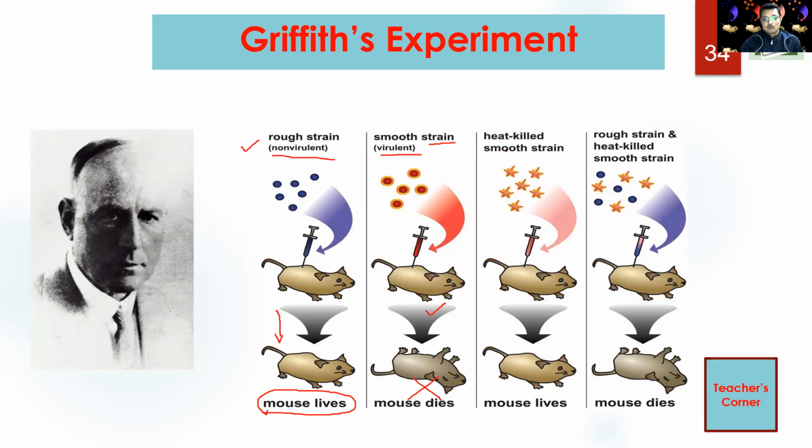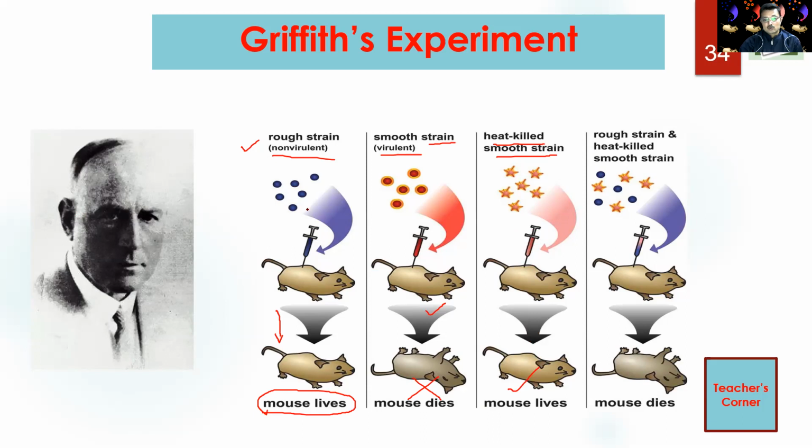Now, the next important thing, he heat killed the S strain and then he injected the same in the mice. Mice was able to survive. So what is the inference? Heat killed S strain causes mice to survive.